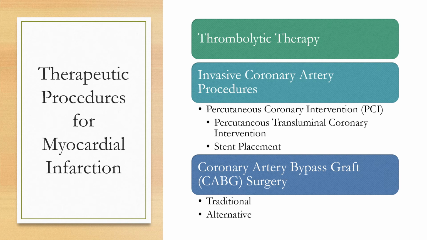So PCI, where you insert a catheter in the radial artery or the femoral artery, and thread the catheter up to the coronary arteries. We can do an angiogram that way, so we squirt some dye into the coronary arteries to see the anatomy of the coronary arteries. And we can also see blockages, right? So occlusions.